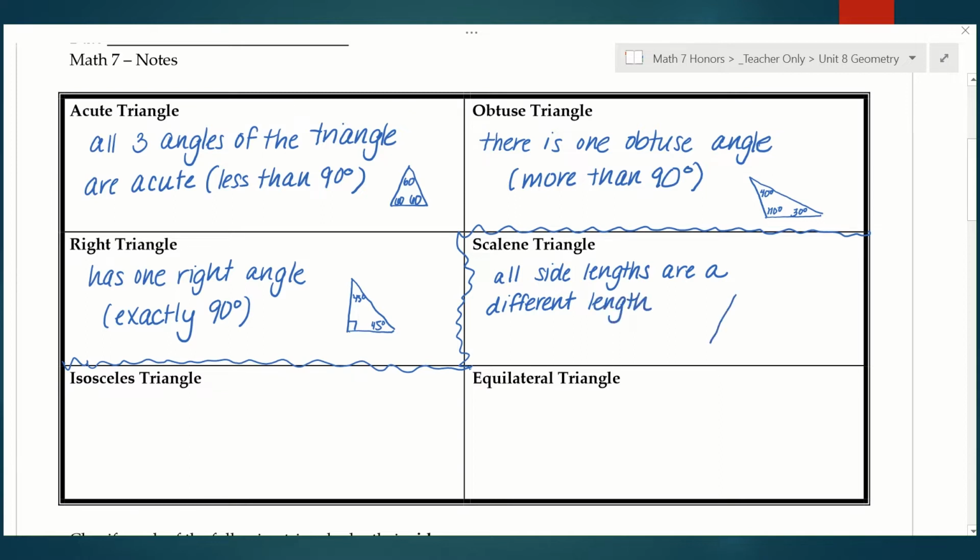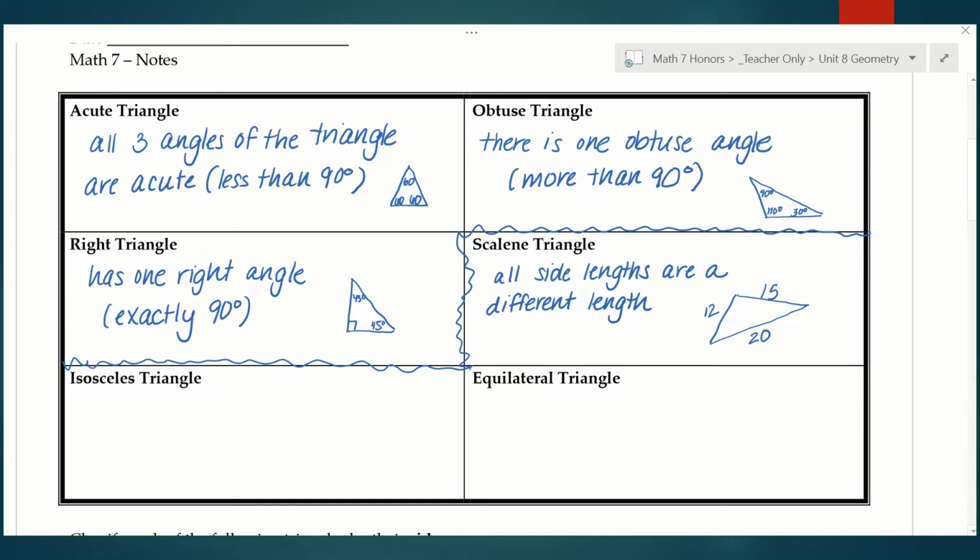Okay, and we would show a scalene triangle. If you saw a scalene triangle, it wouldn't have any markings on it. So maybe this is 12, this might be 15, this might be 20. Okay, so all the sides are different.